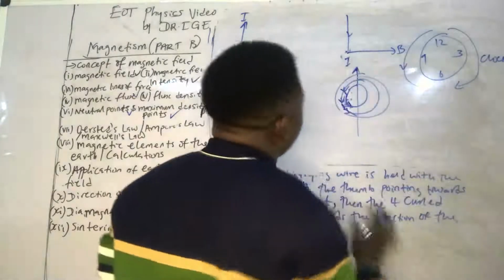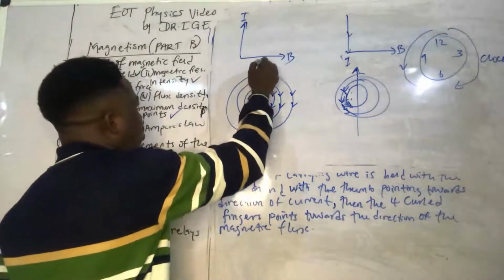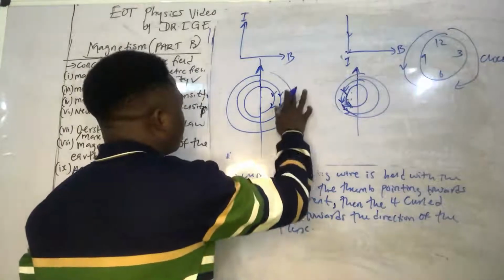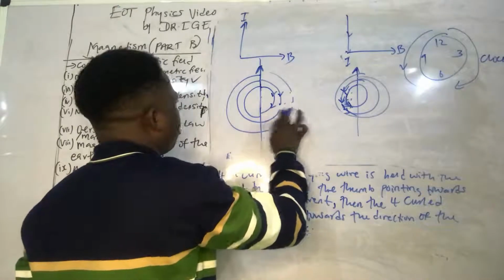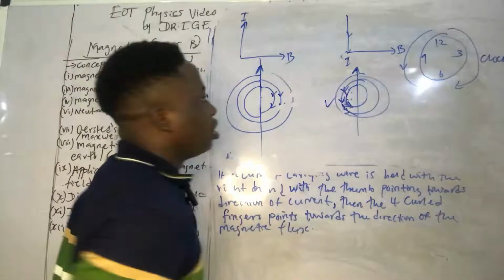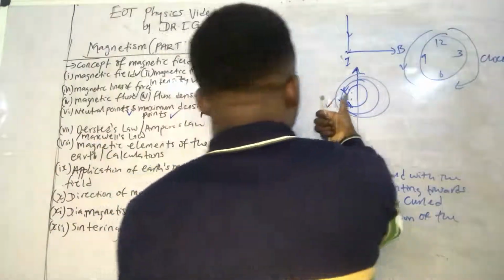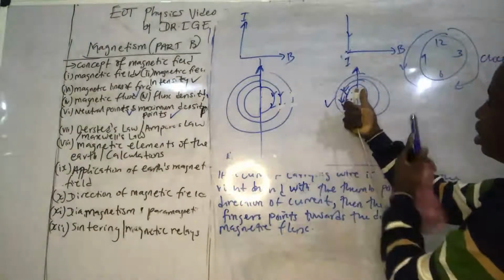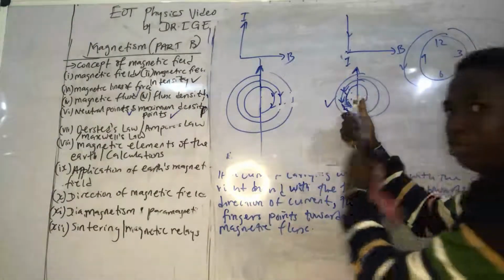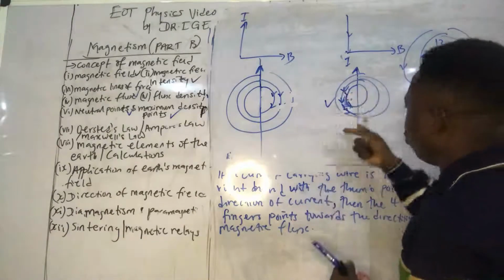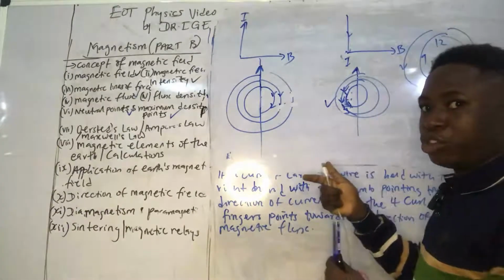Please take note, when the direction of the current is pointing upwards, it takes an anti-clockwise direction. That's the magnetic flux. Forget my dotted lines, but I believe you get the concept.